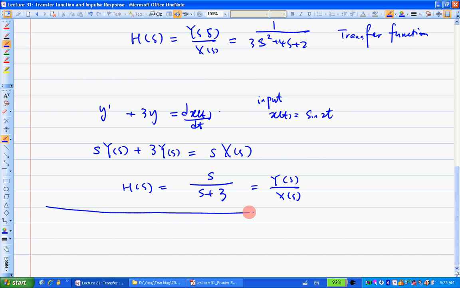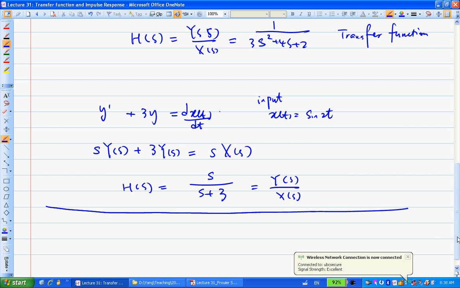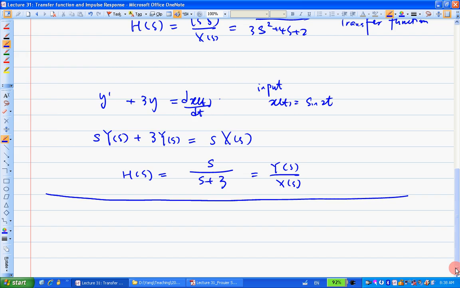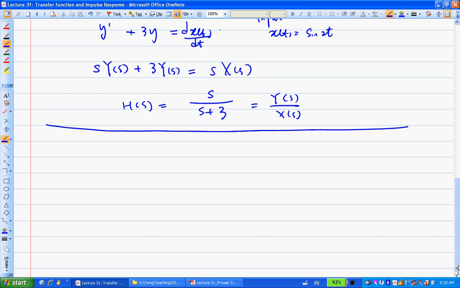Okay. So now the next question is, what's the connection between the transfer function and impulse response? Maybe I need to point out one more thing here before we move on. Based on the transfer function H(s), let's say my H(s) is an expression with a numerator and denominator, right?